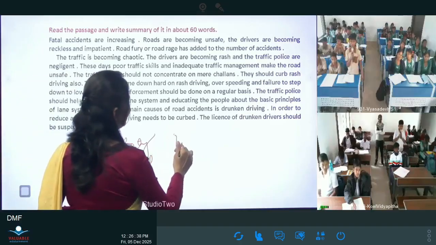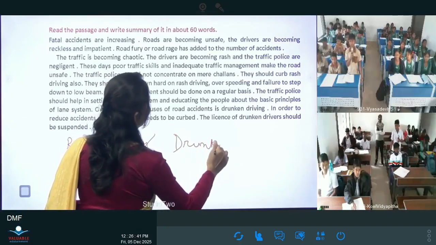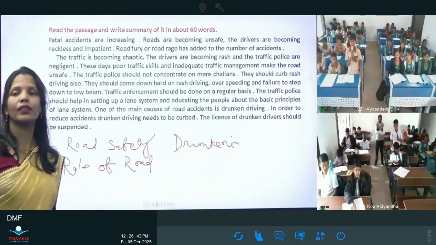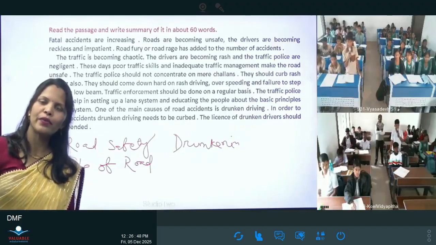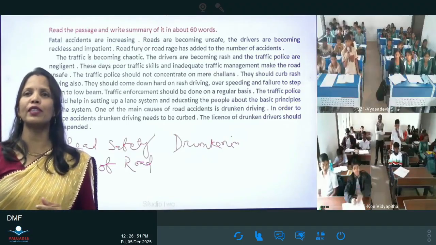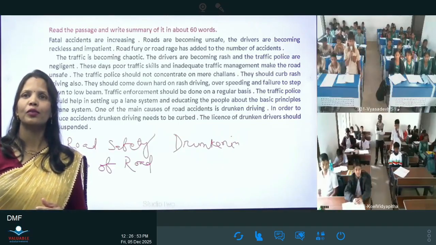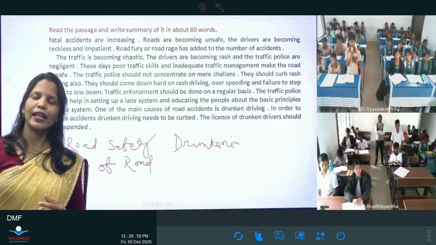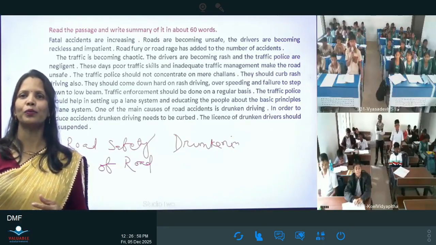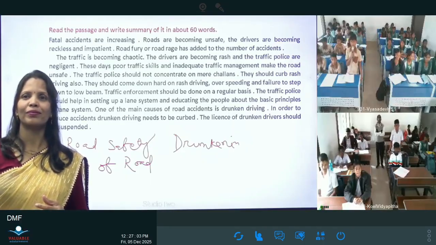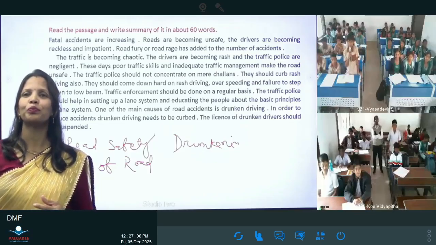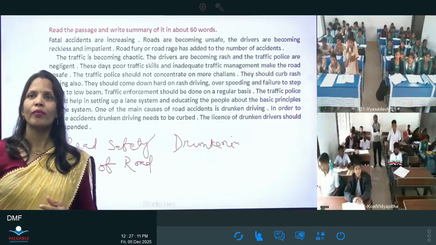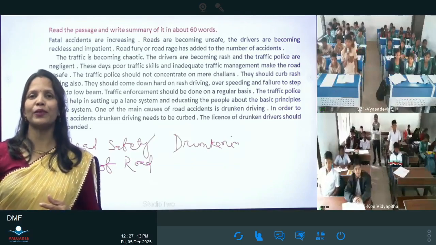Drunken driving accident. Causes of accident. Principles of lane system. Okay, fine. Traffic rules. Yes, very good. Anything else? The traffic management. Excellent one.